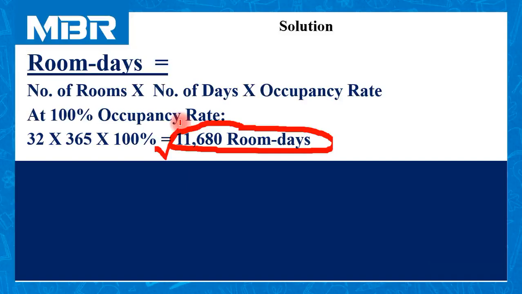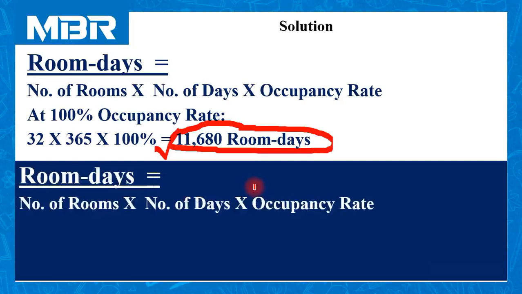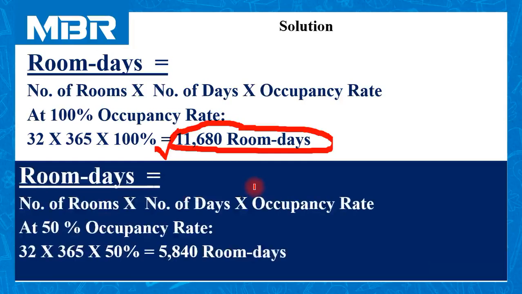These room days are useful to us in order to decide one of the expenditures given in our question. But as far as income, gross proceeds or revenue is concerned, the examiner has told us that we need to calculate the break-even point considering 50% occupancy rate. So let us calculate room days at 50% occupancy rate.